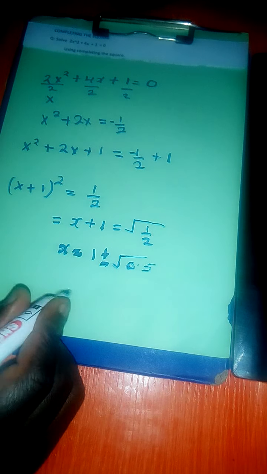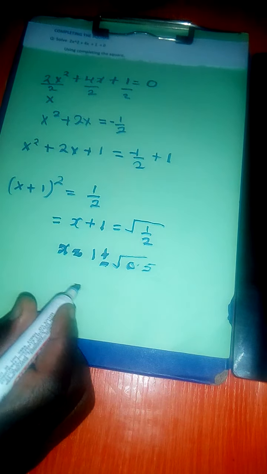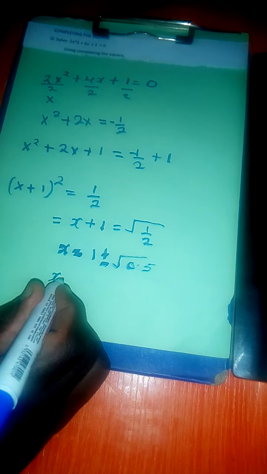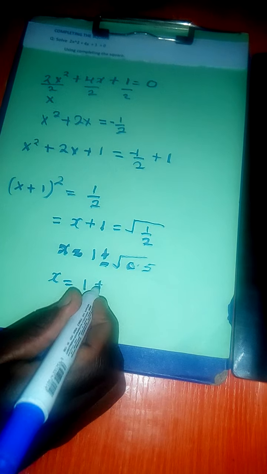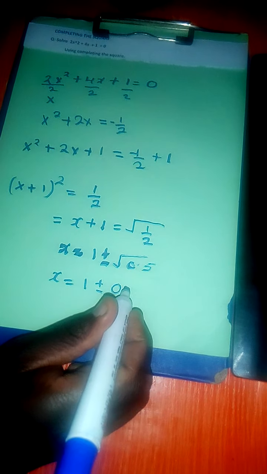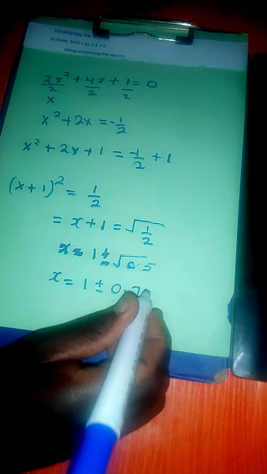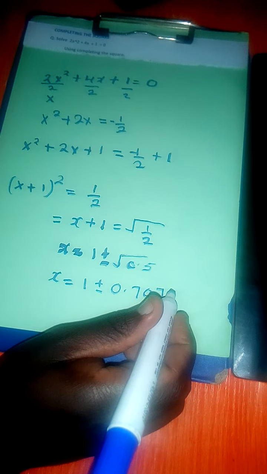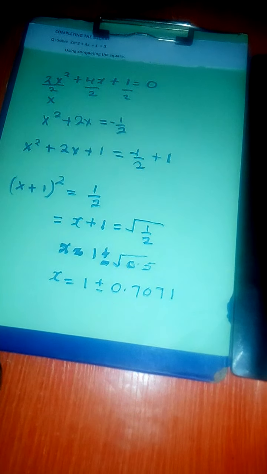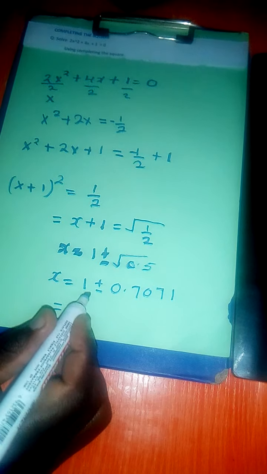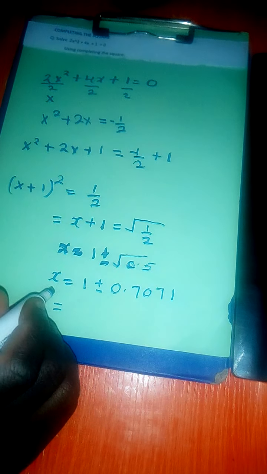Now what is the square root of 0.5? It is equivalent to 0.7071.